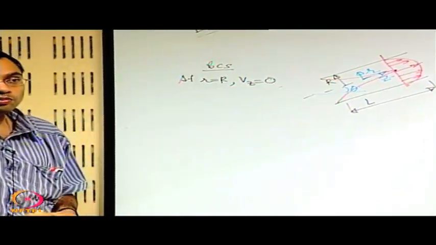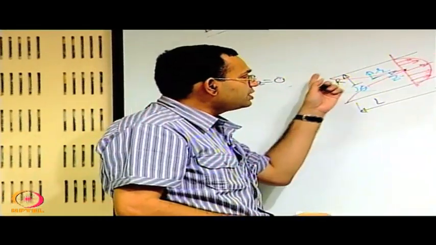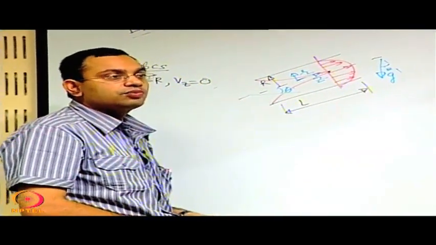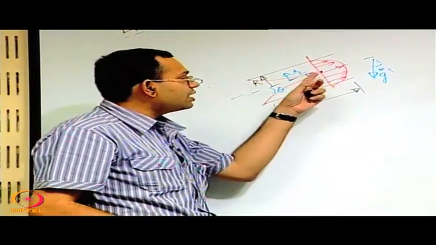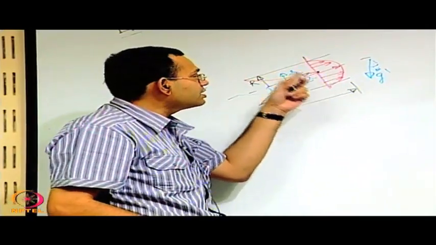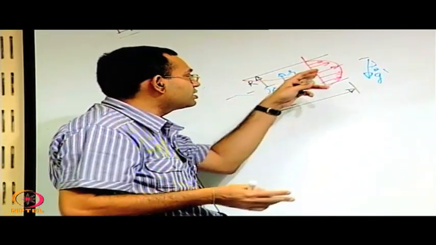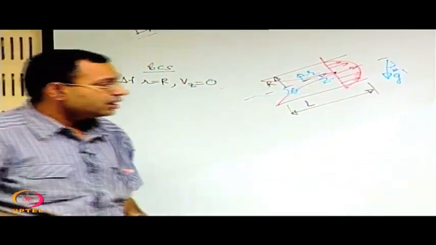That is a point of singularity, so to say, but the physical problem is that Vz has to be defined at small r equal to 0. You can't have a situation where Vz is undefined at r equal to 0, because it is a physical problem, the pipe is entirely filled up with fluid with some velocity, at r equal to 0 there should be a well defined velocity, and that is possible.